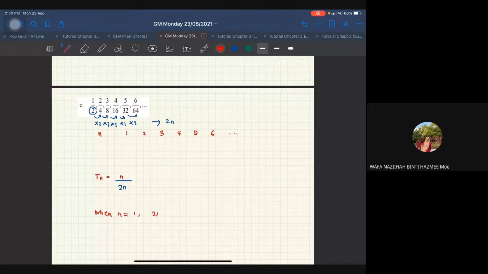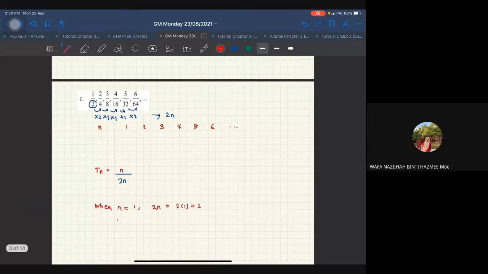Denominator kita 2n kan. So dia akan jadi 2 times 1 equals to 2. Okay, so first term dapat. Okay, let's see second term pula. N equal to 2. So 2n awak sekarang adalah 2 times 2 which is equals to 4. Okay, so maksudnya betul lah awak punya pattern kat sini. So is correct.